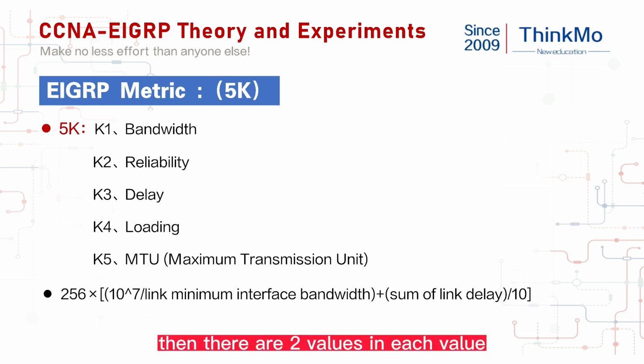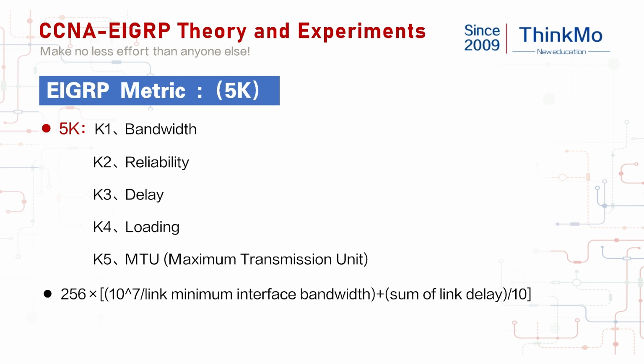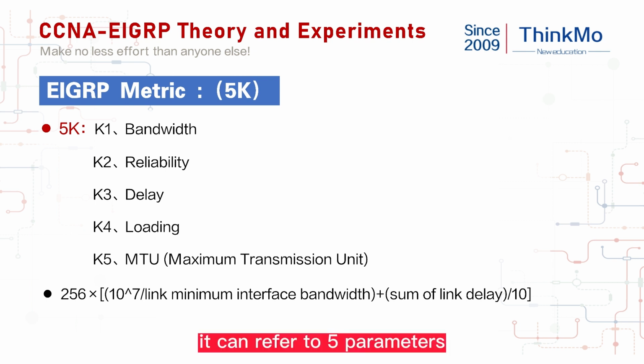Each value has 2 options, 0 and 1. 1 means it is referenced, 0 means it is not referenced. EIGRP can refer to 5 parameters.